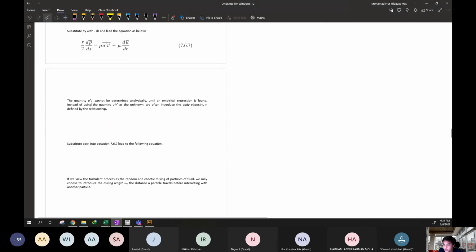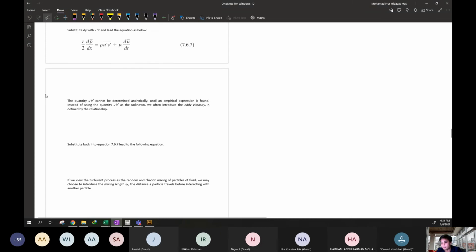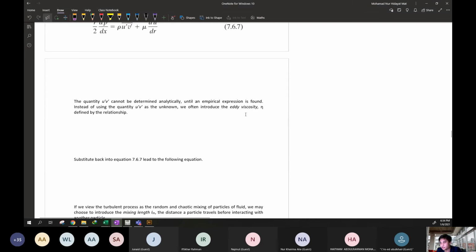Okay, the quantity UV, this is the turbulent, cannot be determined analytically until the empirical expression is found. Instead of using the UV as the unknown, we often introduce eddy viscosity, this symbol. It is defined by this relationship: U V average is defined by this eddy viscosity times du dy.